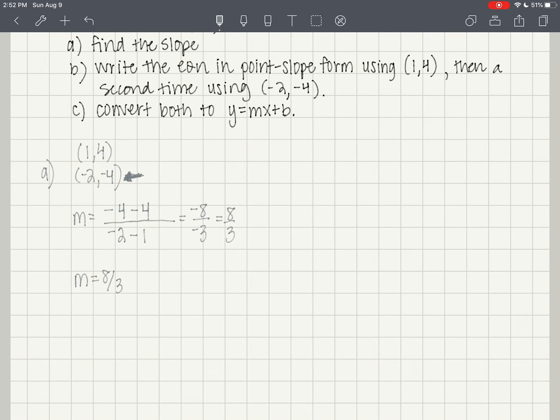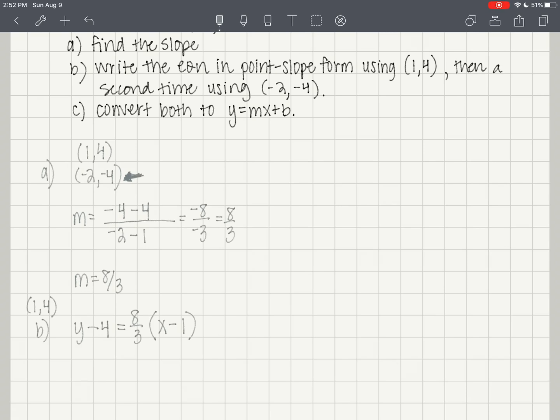Now write the equation in point-slope form using 1, 4. So y minus 4, y minus the y value, is equal to 8/3, the slope, times x minus the x value.